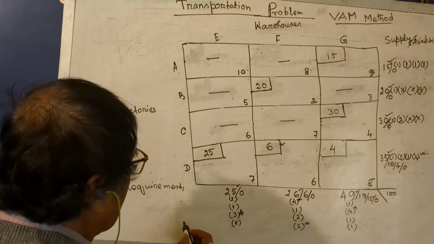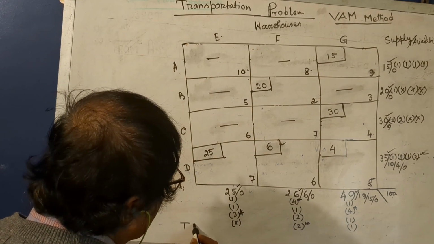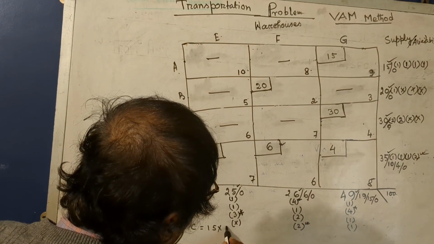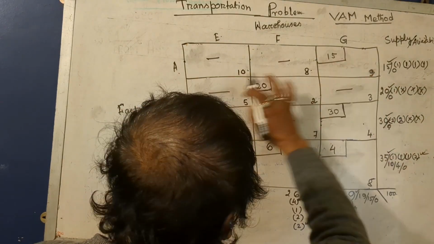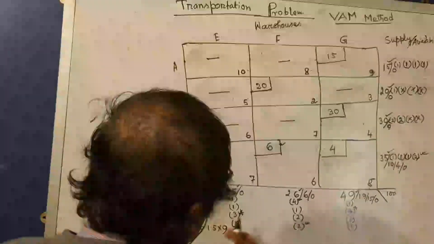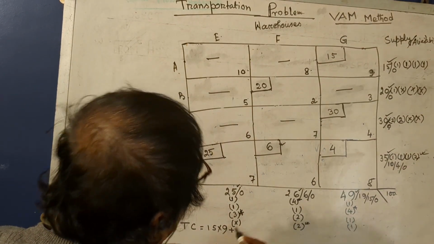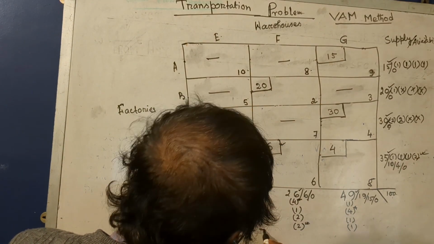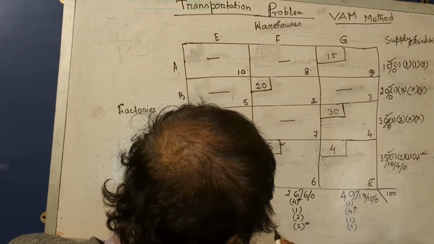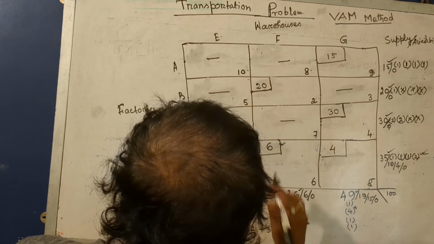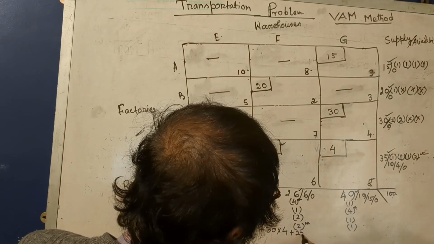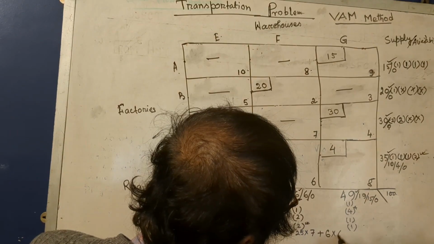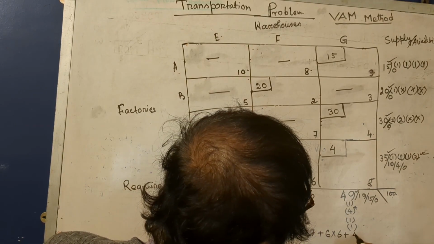Now, what will be the transportation cost for this case? Transportation cost will be 15 into 9. The per unit transportation cost is 9, and 15 units are being shifted here. That's why the transportation cost is 15 into 9 plus 20 into 2 plus 30 into 4 plus 25 into 7 plus 6 into 6 plus 4 into 8.